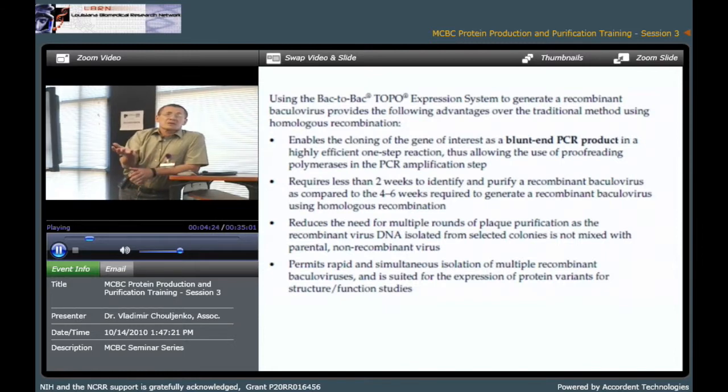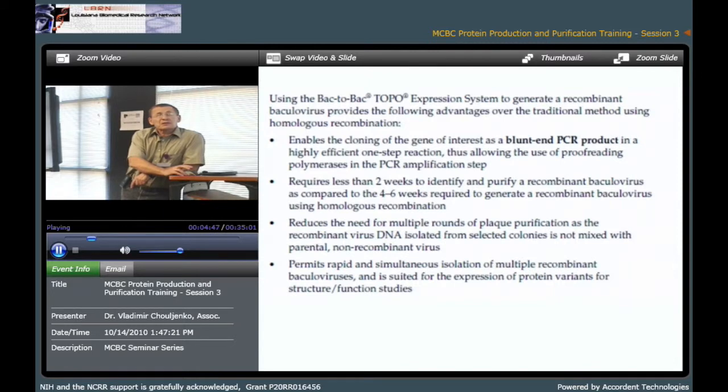They promise construction in less than 2 weeks, but it's very dependent on your hands. You can still spend much more time on this system, but under equal conditions it's at least 2 or 3 times less time than was required for the old system, which used traditional homologous recombination.